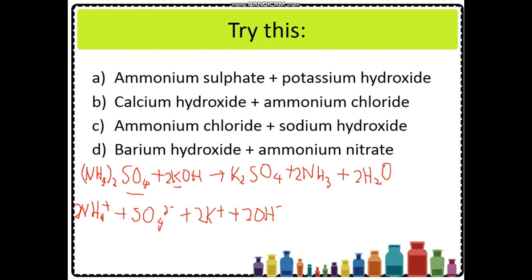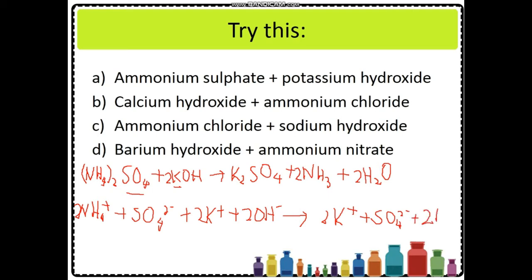It will produce 2K plus, SO4 2 negative. For the ammonia and water, we just write down as usual.